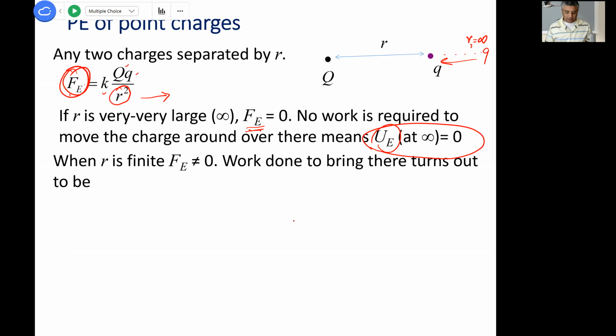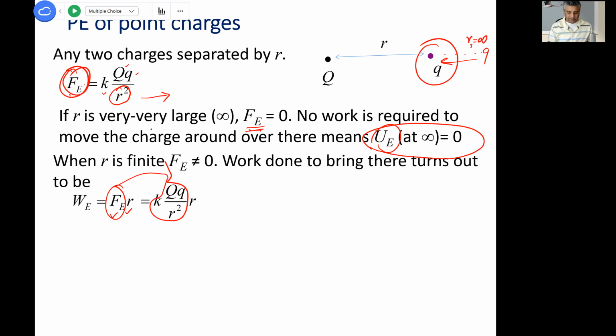So now when this is at a particular distance and it starts experiencing that snapping force, to move it away you need to do work, or that force is now doing work. We can calculate work done as force times whatever distance it moves, and replace force by the force equation here, and displacement as r.